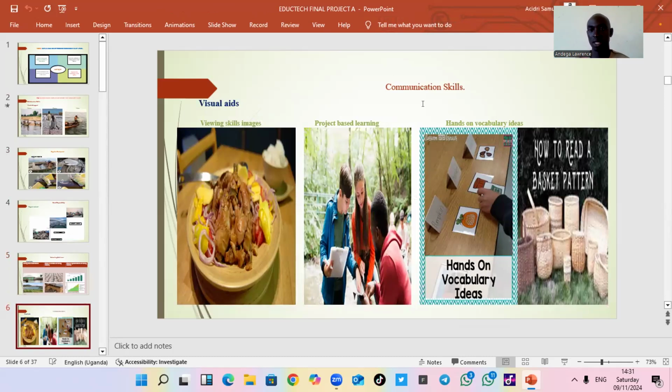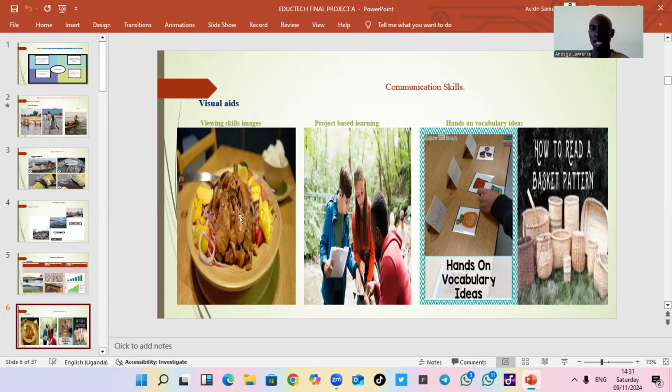And to always help them in my class, I ensure that I bring visual images, something project related, where they use their language and their abilities of communication, then hands-on vocabulary ideas. Like for the first, I can use pictures. We can see here that this is food that has been placed, well prepared, and it is communicating that this is food.